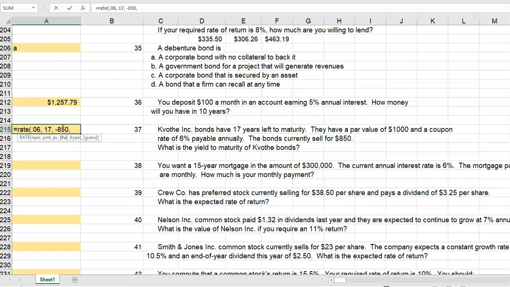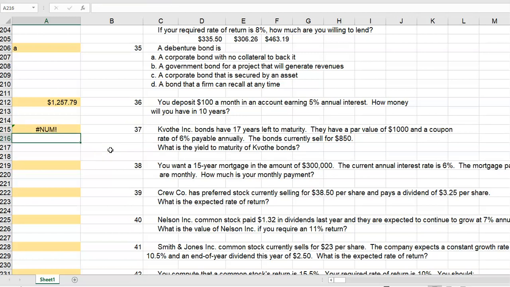What do I get? 6%. 0.06 times 1,000. And I get a future value. I'm going to get 1,000. And so I'm making these two positive. I'm making my payments and my future value because I'm getting these positive. I have to pay that. So I'll make that a negative.